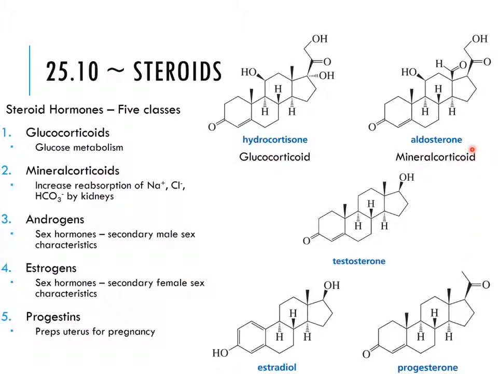And then when we go up here and include the differences, our 2 top steroids have that enone, just like our 2 down here do. They have the methyls and the hydrogens. So really the difference is going to come about up here. Our gluco and our minerals both have that alcohol group.